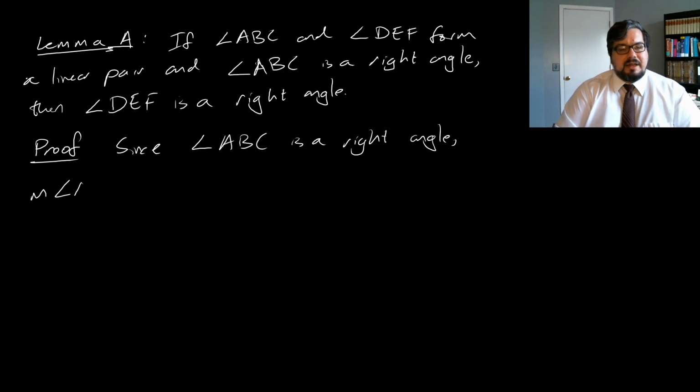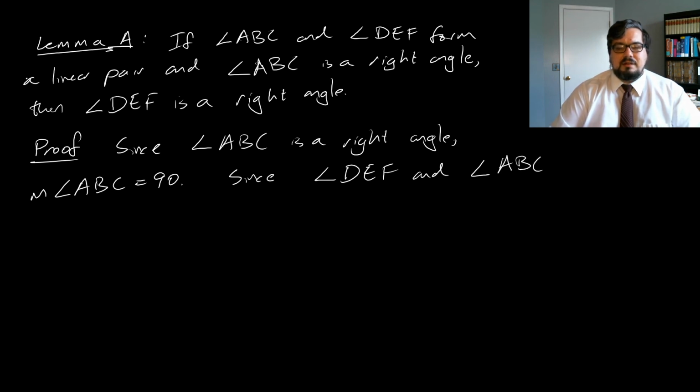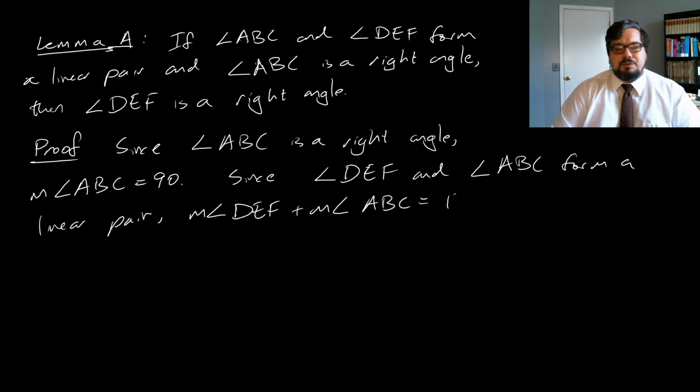the measure of angle ABC is equal to 90. Since angle DEF and angle ABC form a linear pair, the measure of angle DEF plus the measure of angle ABC equals 180.